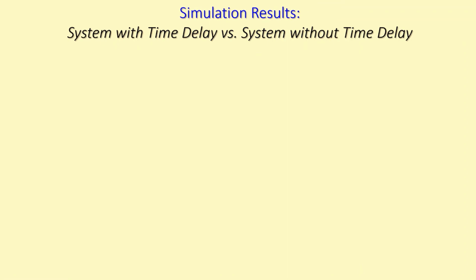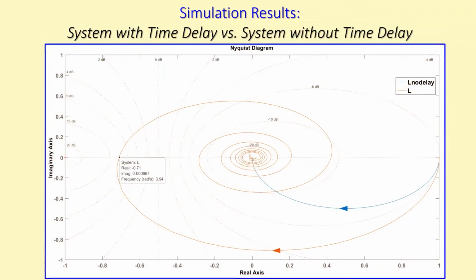Let's also compare the situation with a time delay and without a time delay. We have a system with a time delay and a system without a time delay. If I look at the Nyquist diagram specifically, the blue line is the first order system without a delay, and the orange line, which will circle all the way to the origin and keep circling, is the system with a delay.